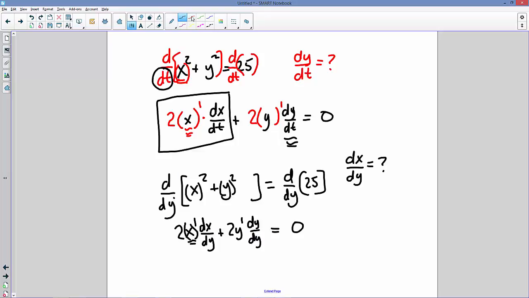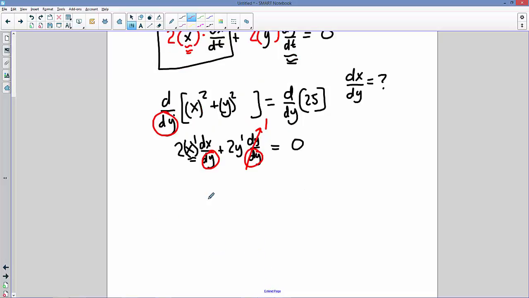Again, notice this is very important. The bottom is y, so all of these are dy's, okay? Of course, this one goes to 1, which is nice. So what's left here is 2x dx dy plus 2y equals 0.